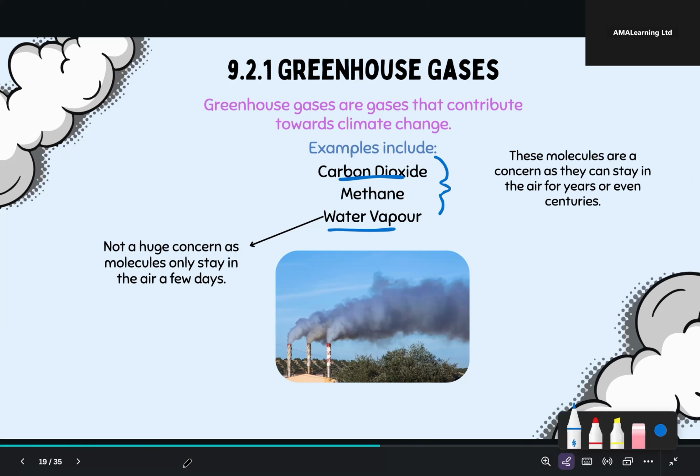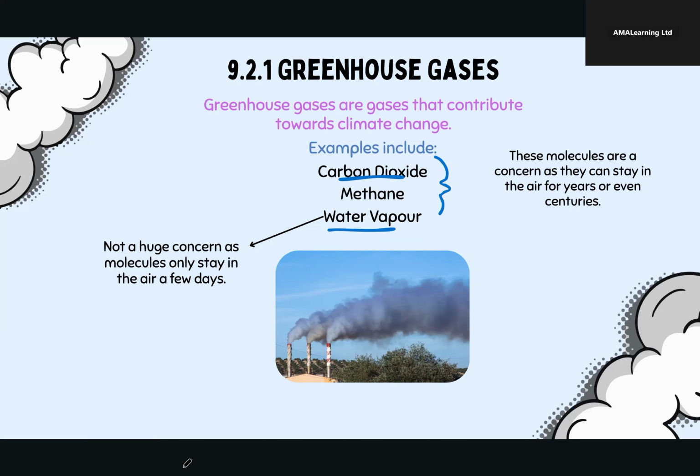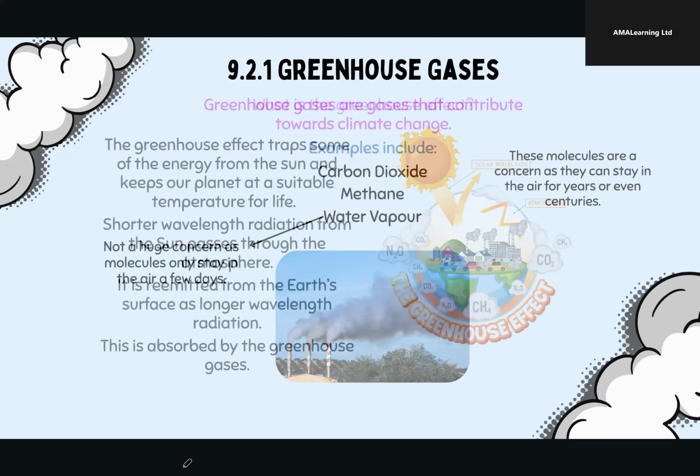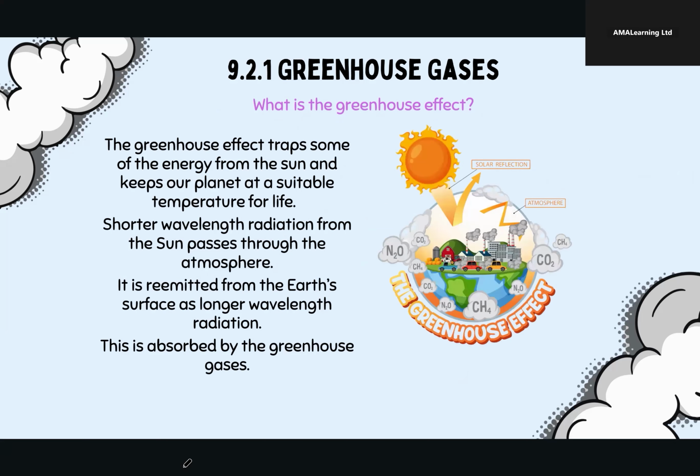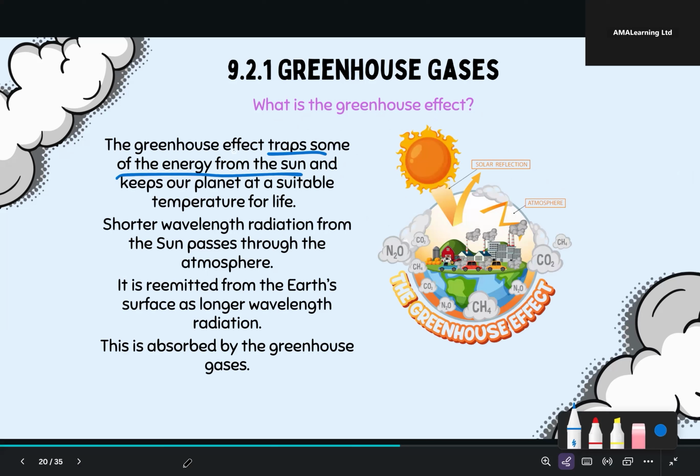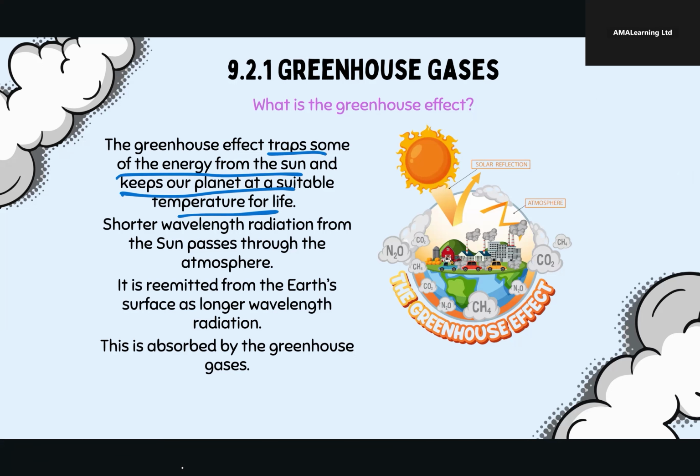And then you've got water vapor. Water vapor is actually a greenhouse gas, but it's not an issue because it only stays in the air for a few days. Now, what these gases do, the greenhouse effect, traps some of the energy from the sun and keeps our planet at a suitable temperature for life. So we actually need the greenhouse effect.